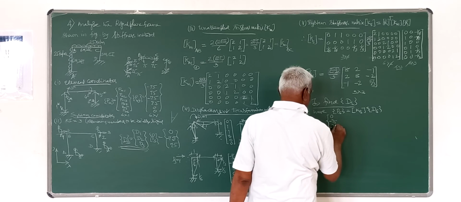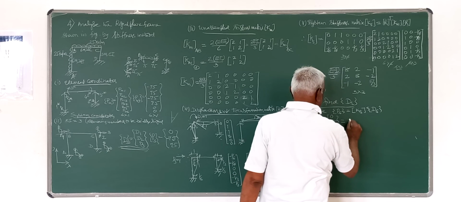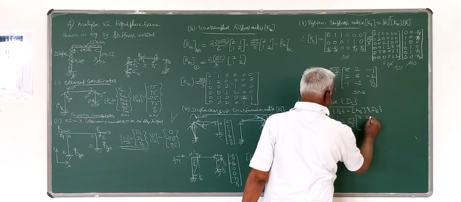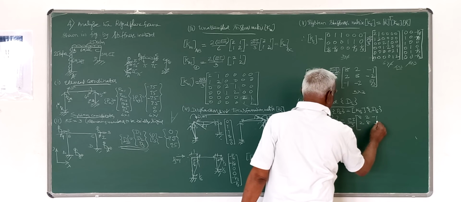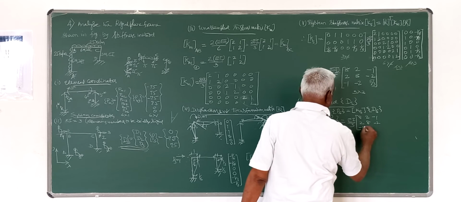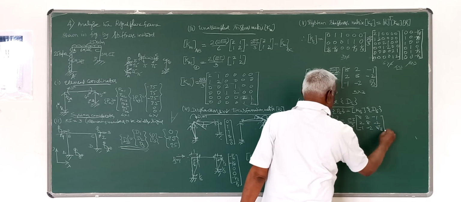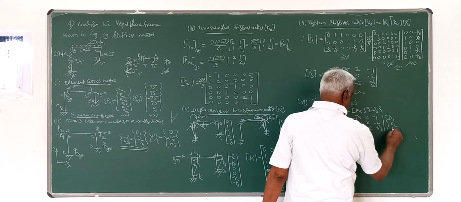Ps is already generated, that is 0, minus 75, which is equal to Ks, that is EI by 3 times the matrix 8, 2, minus 1, 2, 8, minus 2, minus 1, minus 2, 2 by 3, into d1, d2, d3.